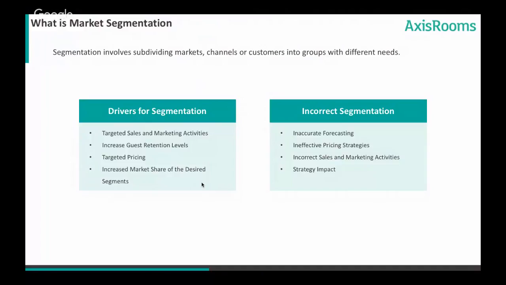Increased market share of the desired segment. Now, I know a lot of hotels tend to have difficulty in keeping hold or growing a specific market share that they actually wish to grow. Accurate market segmentation will actually assist you in this. It allows you to focus on growing your desired market segment through matching expectations from an operational level and focusing on secondary segments during periods of distress.